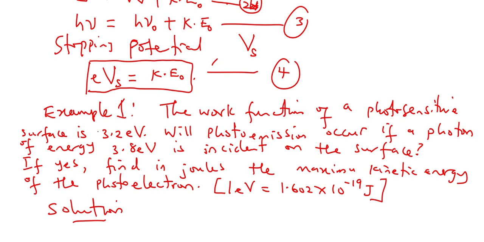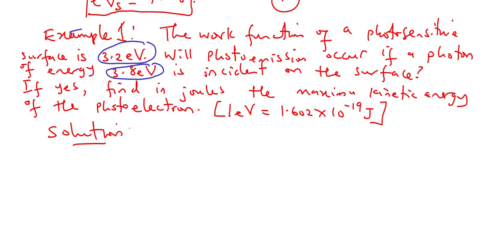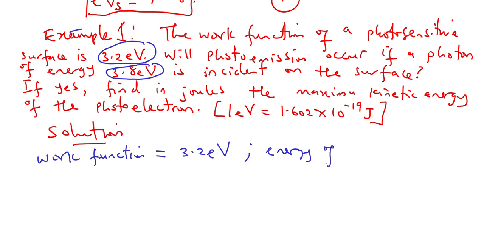If the work function of the surface is 3.2 electron volts, and the energy of the photon is 3.8 electron volts, what did we say our condition was?